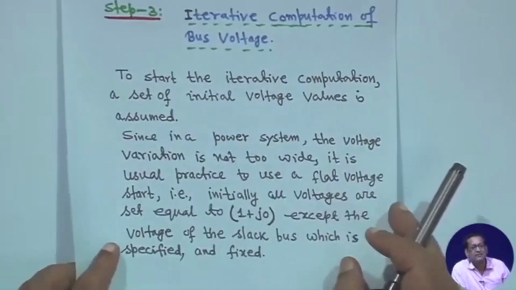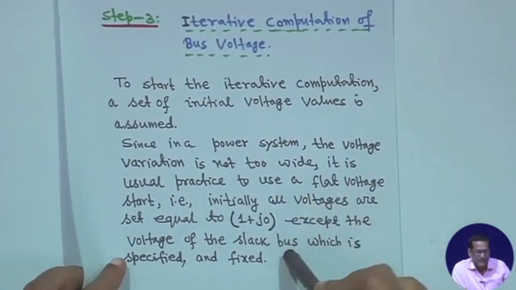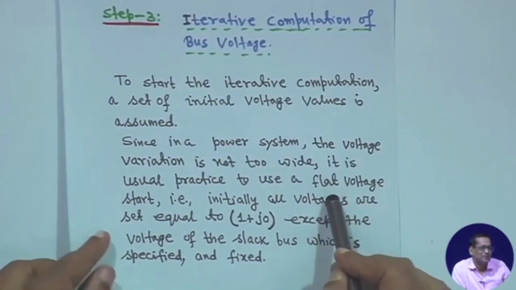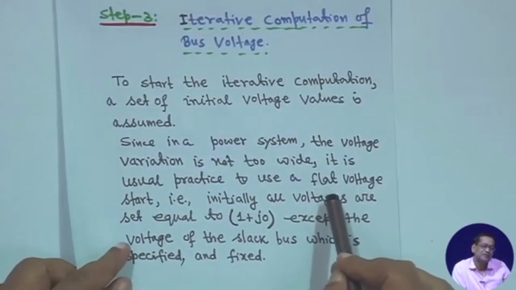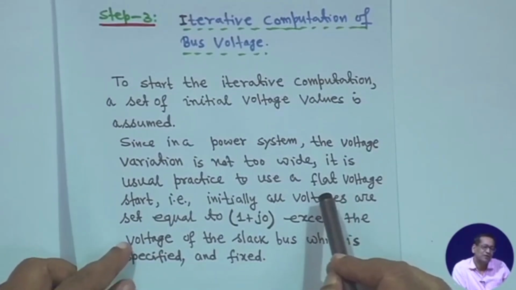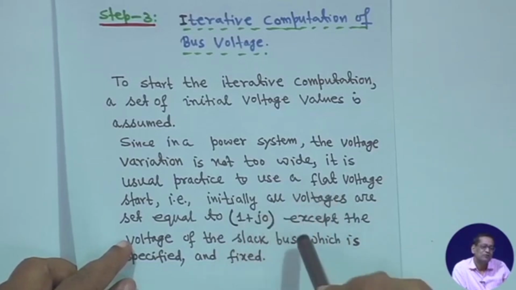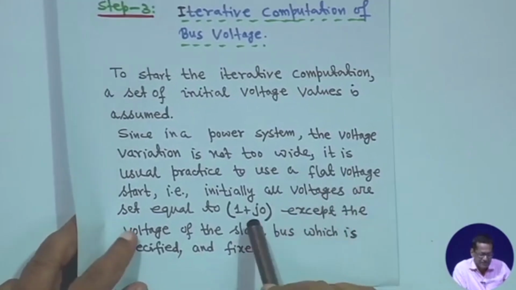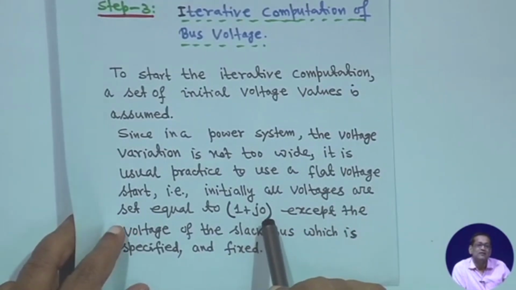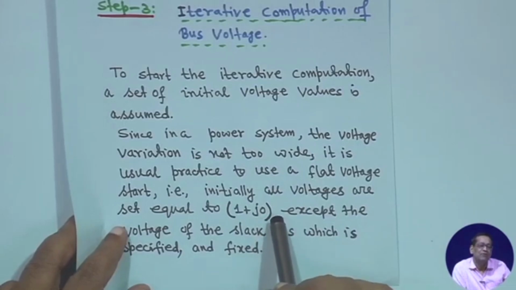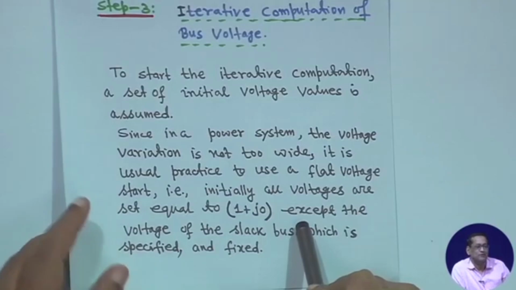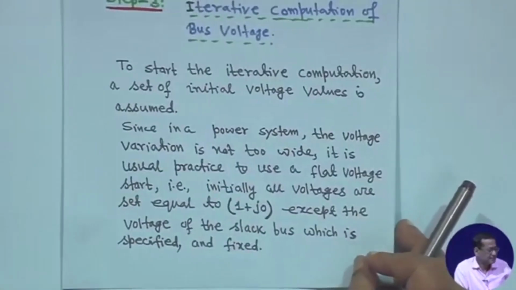Suppose slack bus voltage is given as 1 plus j0, then initial values of all bus voltages except PV buses, because that voltage magnitude is specified, should be equal to the slack bus voltage, flat voltage start. So all other PQ bus voltages should be 1 plus j0, but slack bus voltage is known. So, this is the third step.